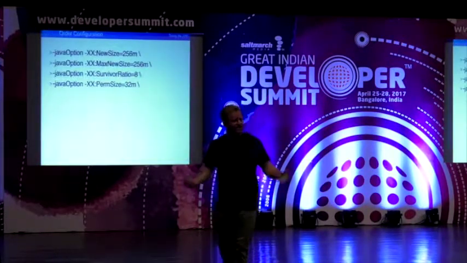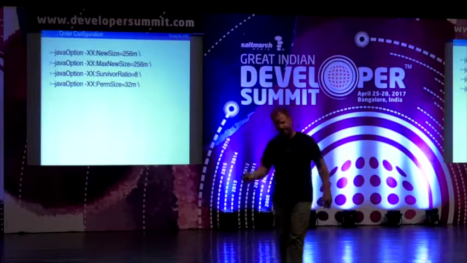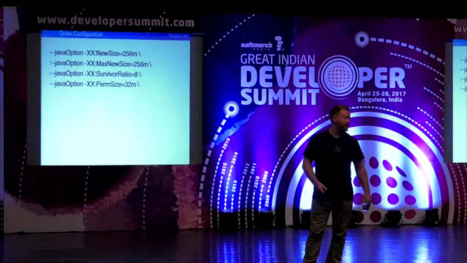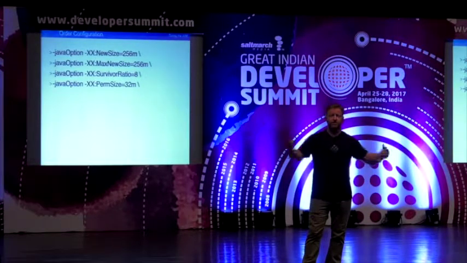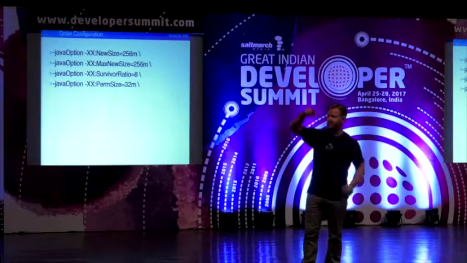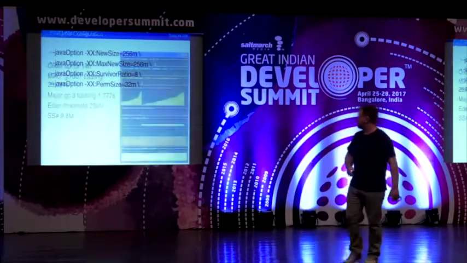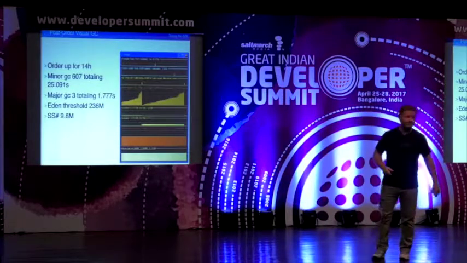So this is where art meets science. I did some measurements. I did some profiling. I made some adjustments. I have an 8 for my survivor ratio. What does that mean? Increase the size of my survivor space, right? I made it bigger. Okay, so a couple of things I did, and then we get something that looks like this.